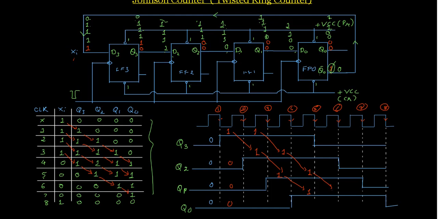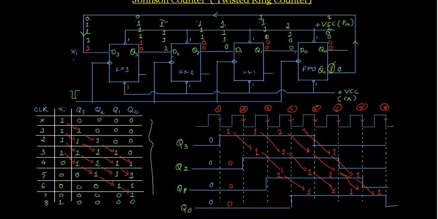In the same way, this high level is going to be shifted in the next shift register. And after the end of the 8 clock pulses, your counter is going to be reset.